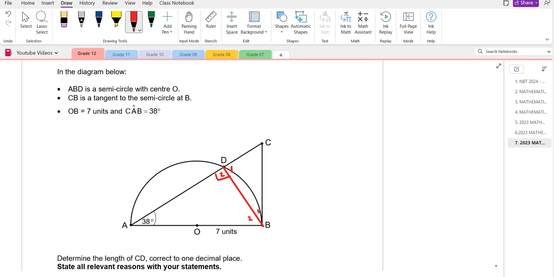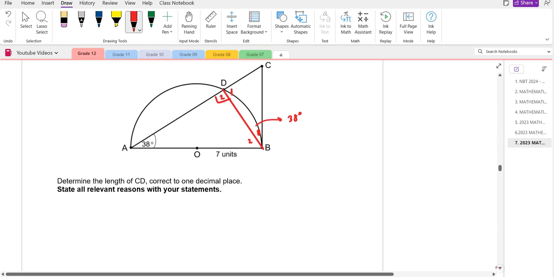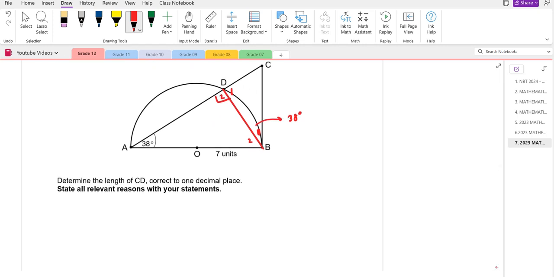See, we got a circle here, so tan chord theorem. So angle B1 we can find, which is 38 degrees. Now let's see, determine the length of CD correct to one decimal place. We want to find the length of CD, right? In order to find the length of CD, we can get the length of BD.